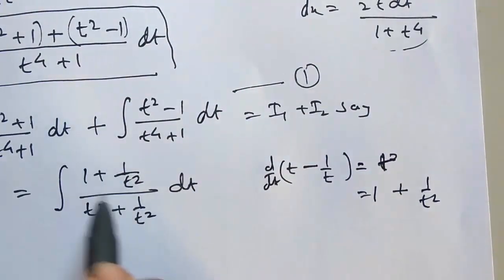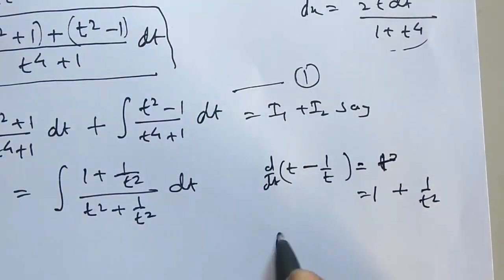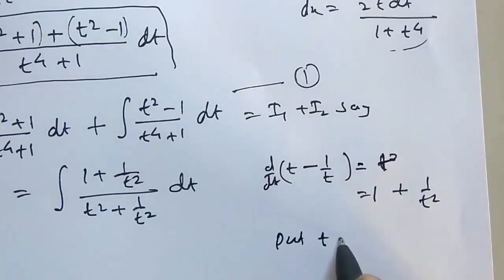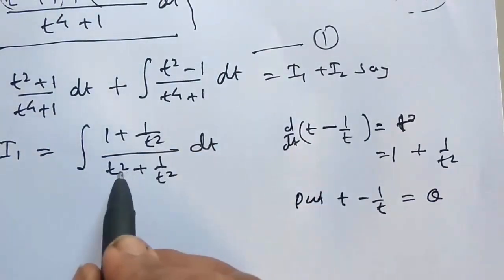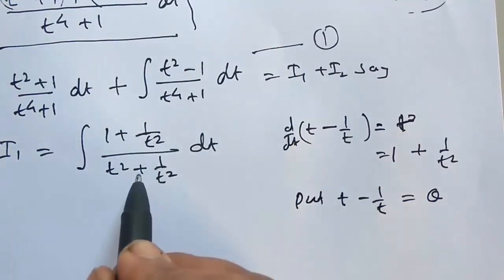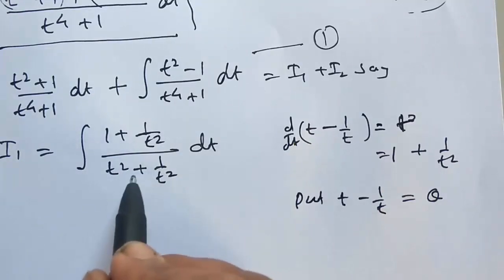So it is in the numerator. So we put t minus 1 upon t is equal to theta. Now for that we factorize this first. We complete the square of this.